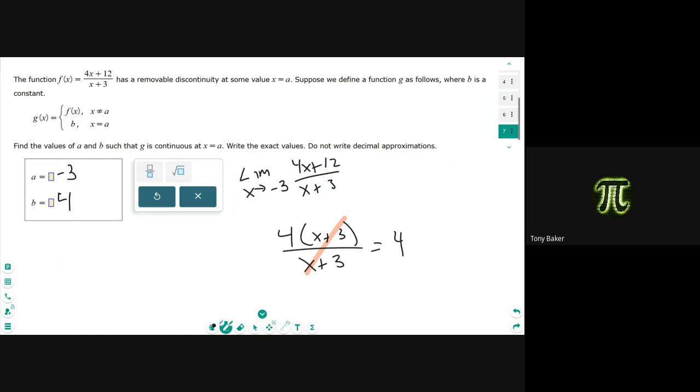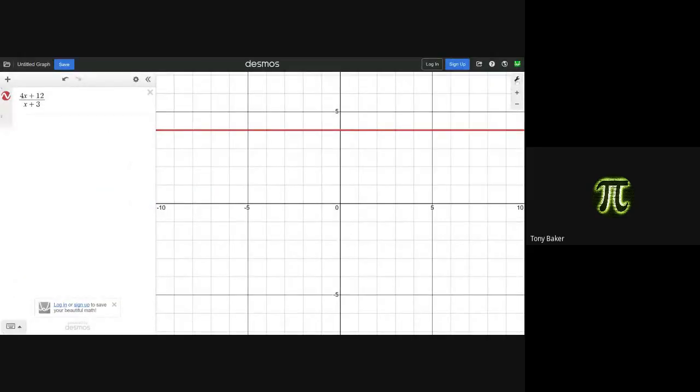You can verify this by looking at the graph. If we look at the graph, this is the graph. And we were going to 3. Oh, -3.